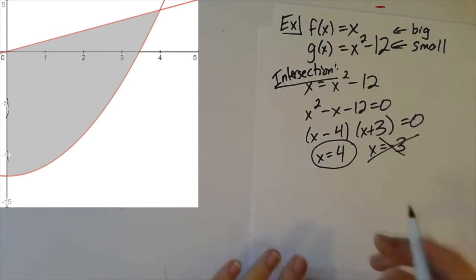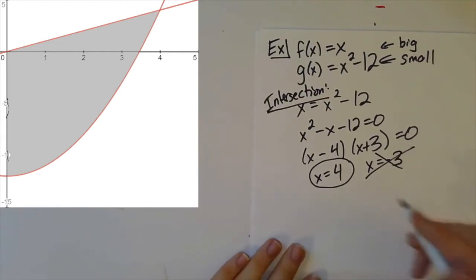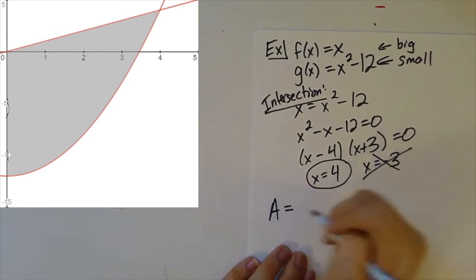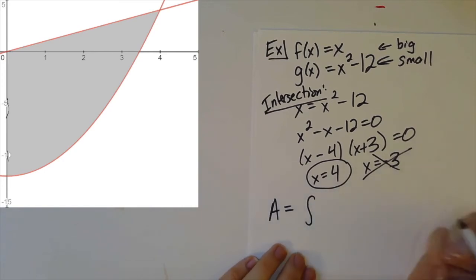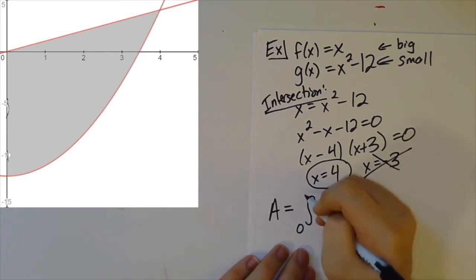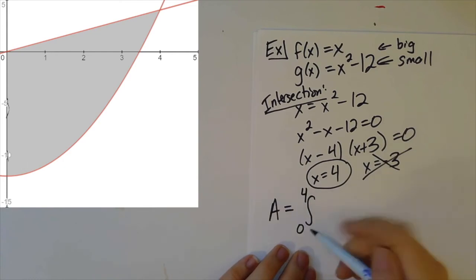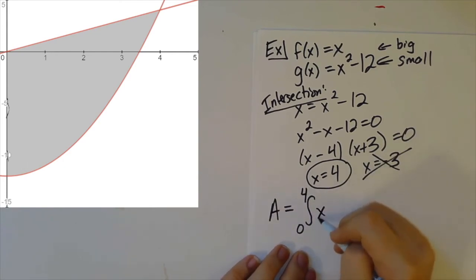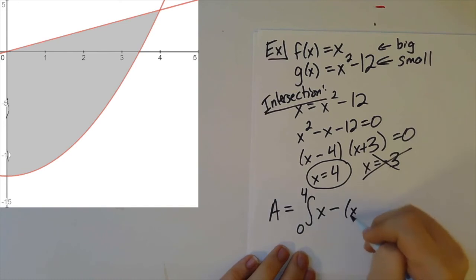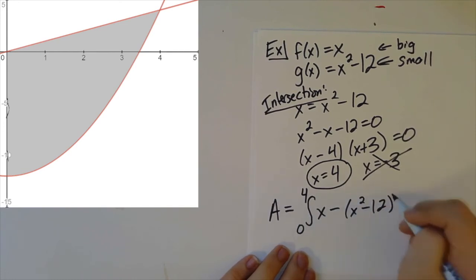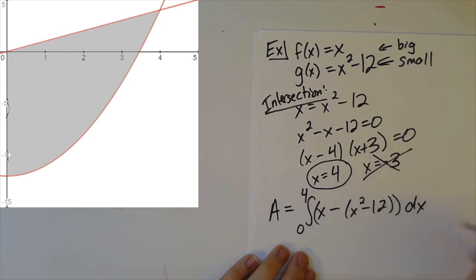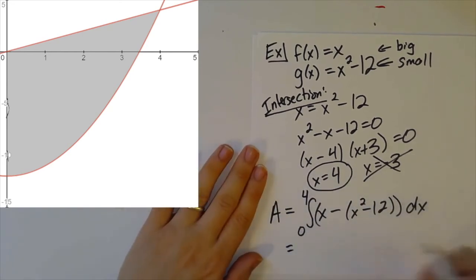So when I go to use this formula for the area, the thing I'm going to end up writing down is the integral from 0 to 4, this is the left limit, that's the right limit, of x minus x squared minus 12 dx, which let's work on that.